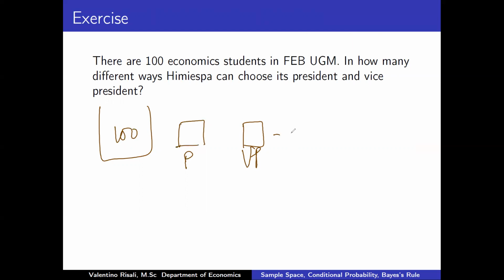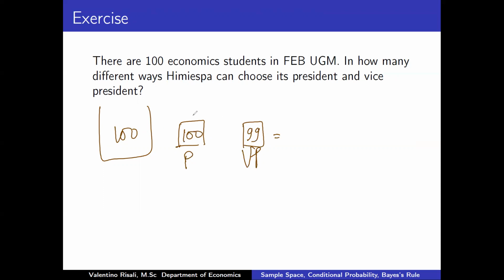9,900, sir. 9,900. Why do you have that value? Because for the president, there are 100 choices. And when you have already chosen the president, there are only 99 people left. So yes, 100 times 99. Right, thank you.